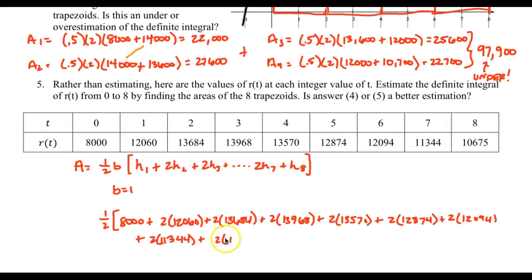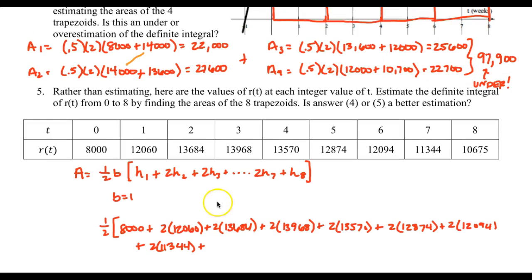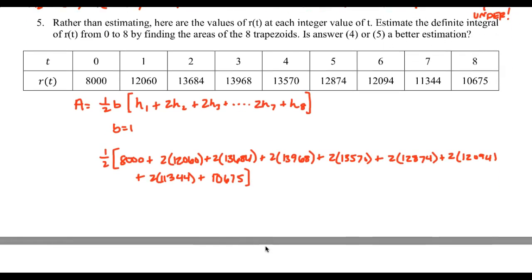Oh, got the last one. The last one, remember, is unique. So I need to make sure I have that simply written like that. Okay. And then with a flick of my wrist, magic wand, I can sum all these up, divide by 2, and that gives me a total area of 98,931.5.